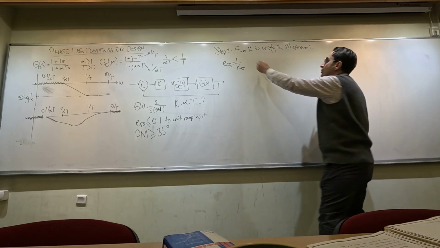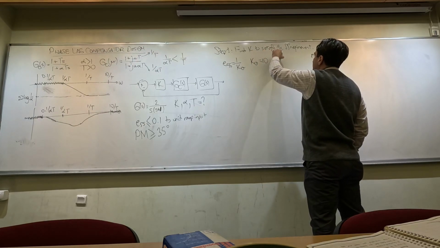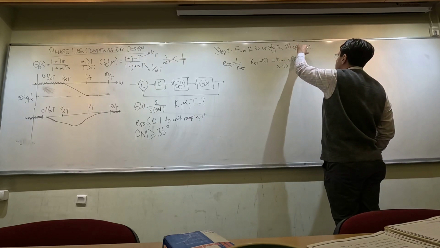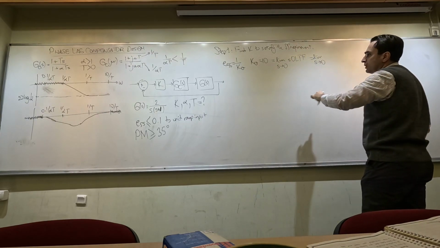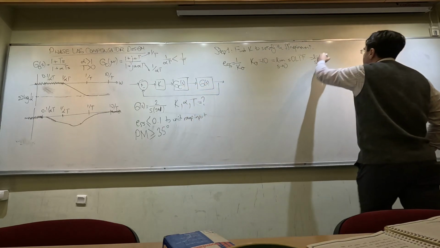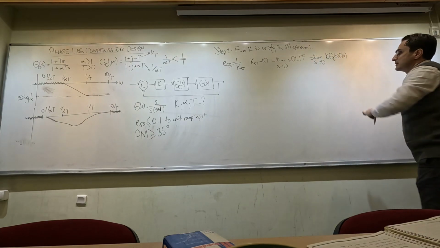10. So here kV should be 10, and we know that kV is limit as s goes to 0 of s times the open loop transfer function. Open loop transfer function is K GC of s and G of s.